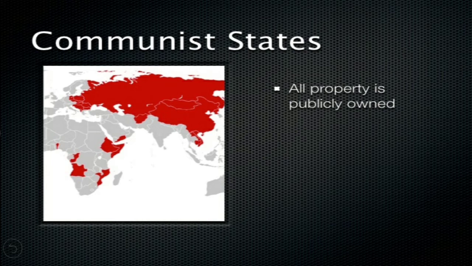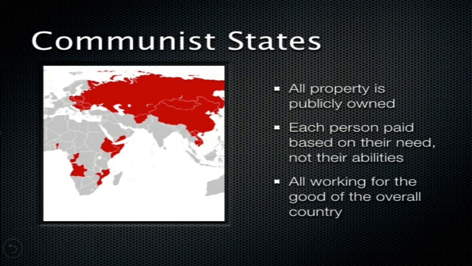Now, the last type of government is communist states. In this, all property is publicly owned and each person is paid based on their need and not on their abilities.